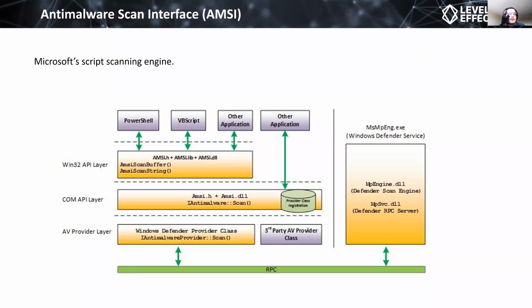In a nutshell, it's Microsoft's script scanning engine. That's really all it's meant to do. If you go to Microsoft's website and look up AMSI and how it works, they talk about how it can be set up to be an interface for your application.